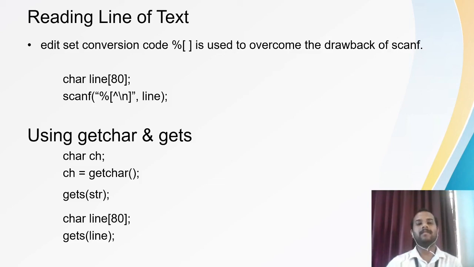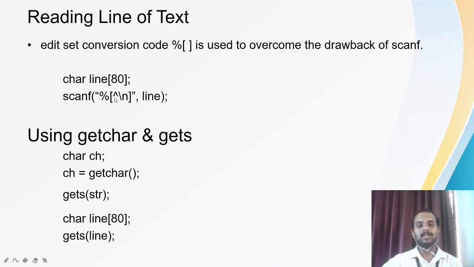Now reading the line from the text. I already mentioned that you cannot have white space in this one, that is scanf, but to overcome that, what to do? You can make use of the edit set conversion.